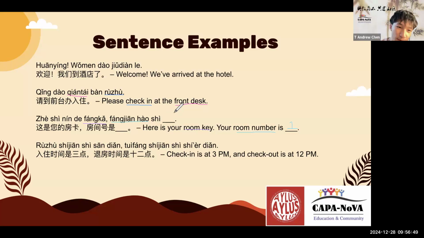So together, repeat after me. 这是您的房卡，房间号是一。Very good. And you can replace the room number with all the numbers we've learned. Okay.